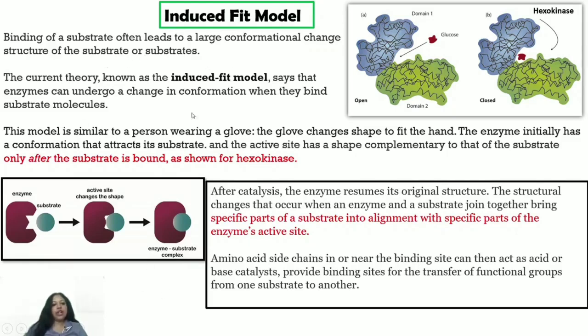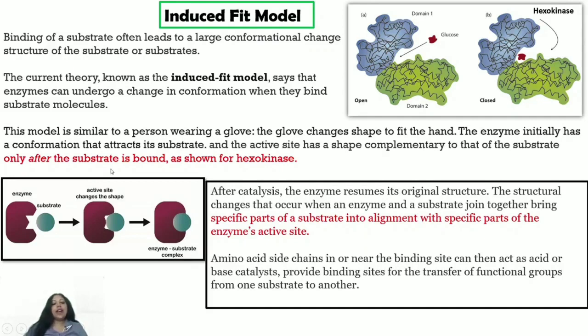This is another picture of the induced fit model, in which you can easily understand that this is the structure of the enzyme and this is the substrate. When the substrate binds to the enzyme, the enzyme undergoes a conformational change in the active site and makes itself fit as per the structure of the substrate.